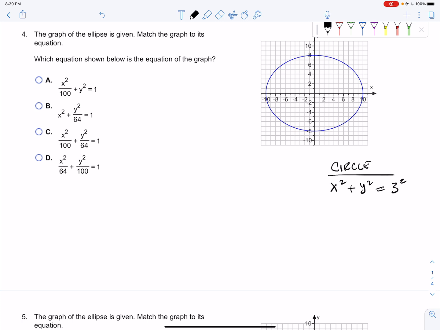Now, that's the standard form for a circle, and it's that way for a reason, because you have one radius. But in the ellipse world, our standard form is just a little bit different, and I'm going to try to explain why.